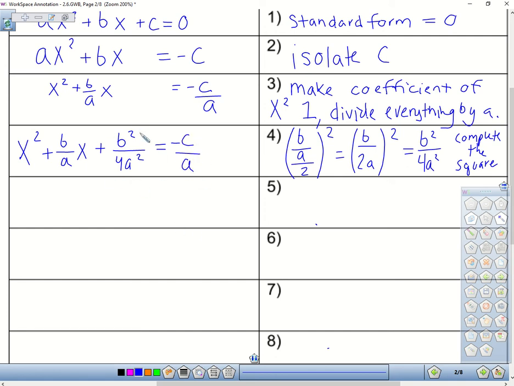Now, can I just go adding things to one side of the equation? No. What do I have to do to balance it out? Good. I have to add it to the other side as well. And that's where we're at so far.